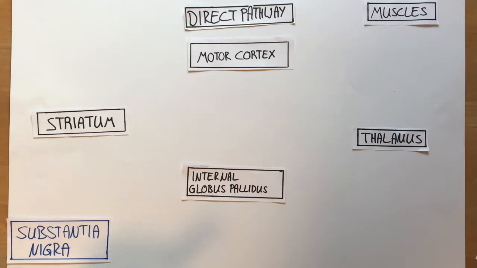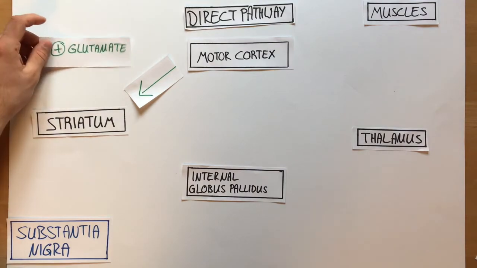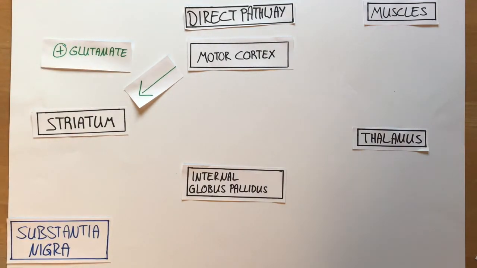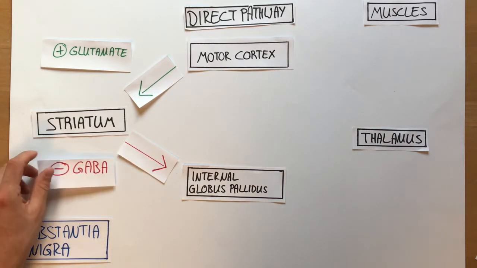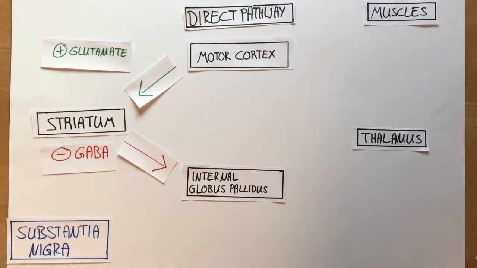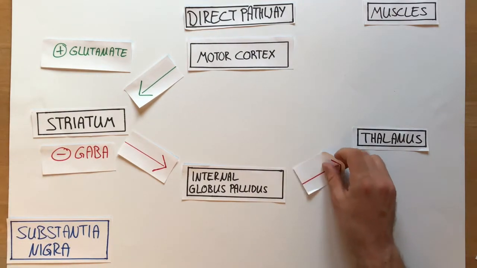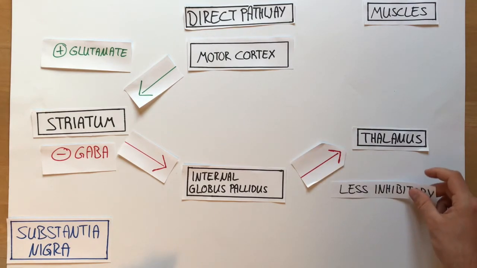The motor cortex then excites the striatum via the neurotransmitter glutamate. The striatum then inhibits the internal globus pallidus. As I said before, the normal situation is that the internal globus pallidus inhibits the thalamus.